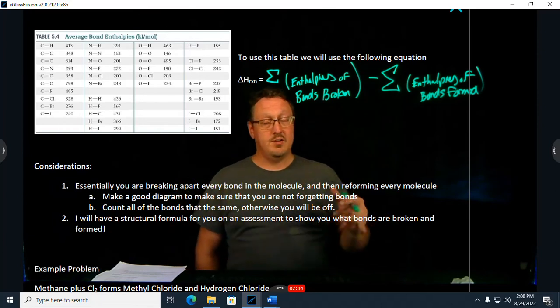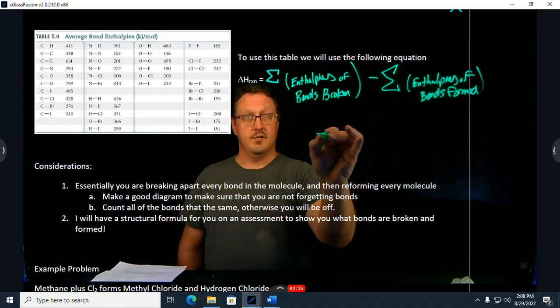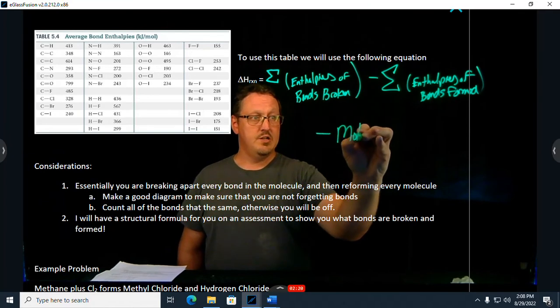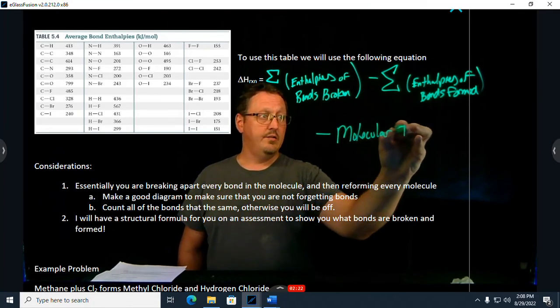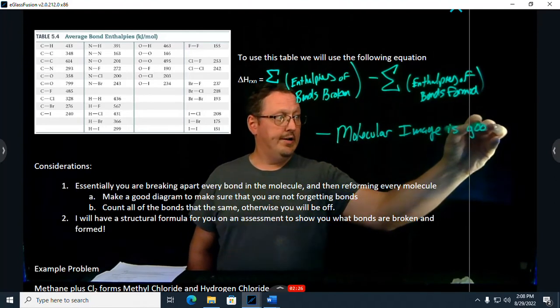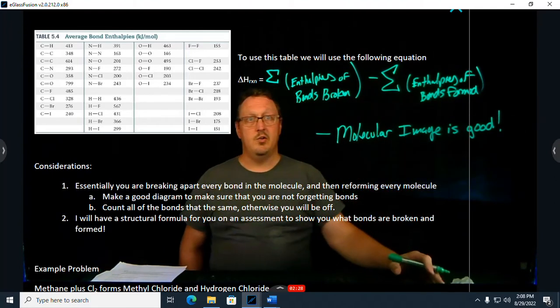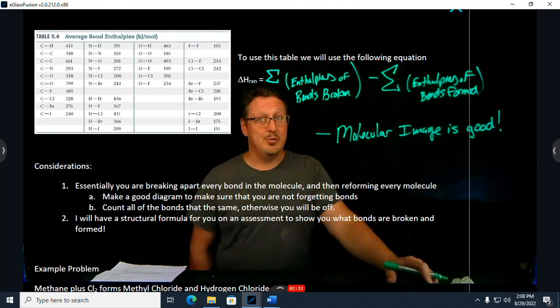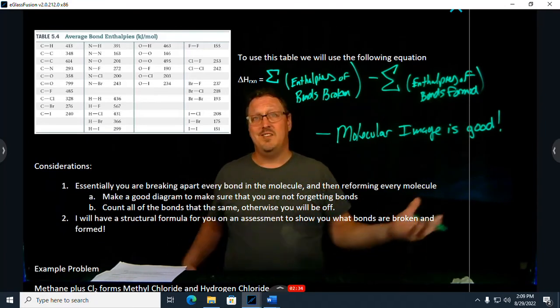Now, something that I want to make sure that you're aware of is a picture is a good help. A good molecular image will help you. You want to make sure that you have a good image of the molecule so that you know exactly how many bonds are being broken so you can see it, because otherwise you just don't know.